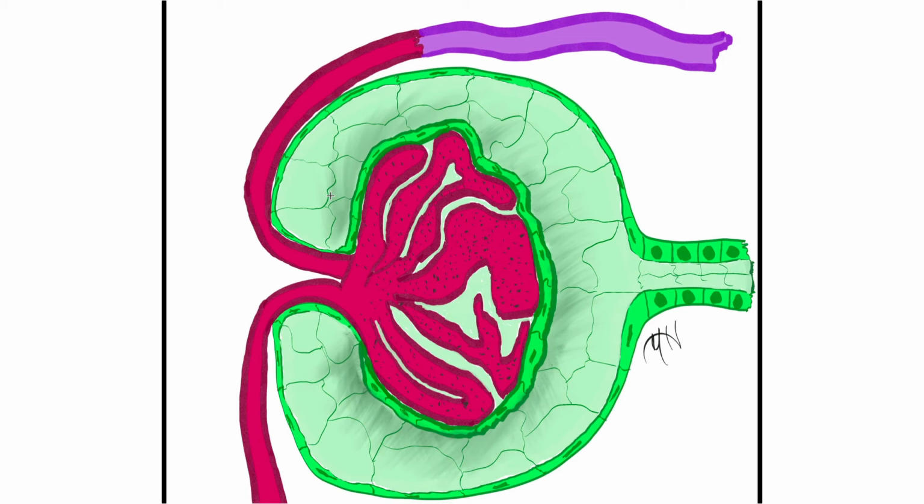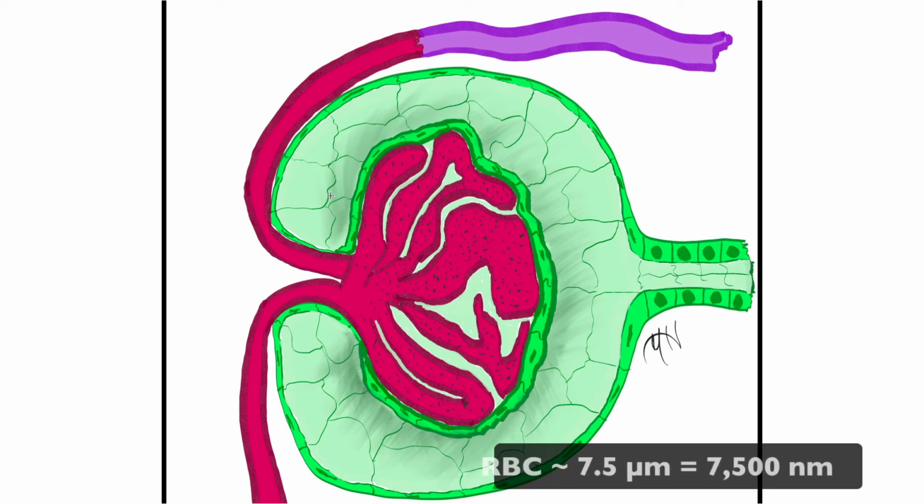So just to put that in perspective, if I say a red blood cell is 7.5 micrometers, that means it's going to be 7,500 nanometers, which is dramatically larger than what is permitted to pass through the basement membrane.